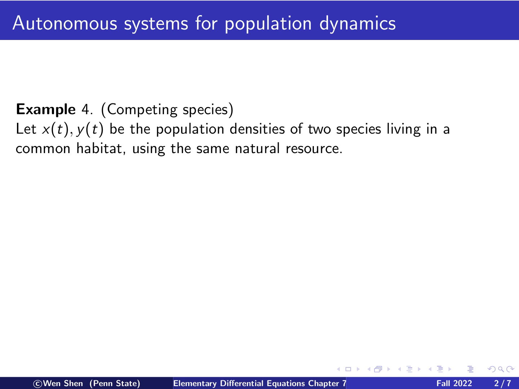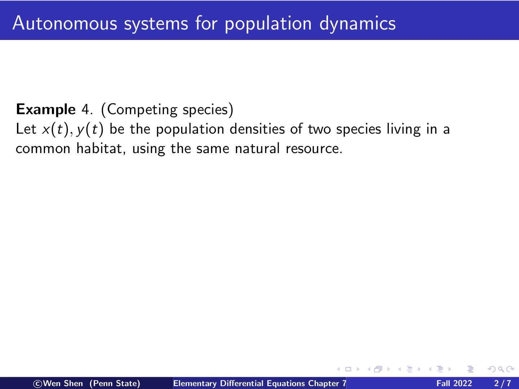Our first example is about competing species. So now we have a habitat which is shared by two competing species, and now let x and y be the densities of these two species, and they are sharing the same natural resources.